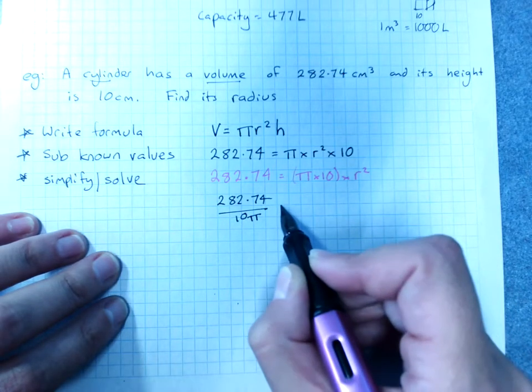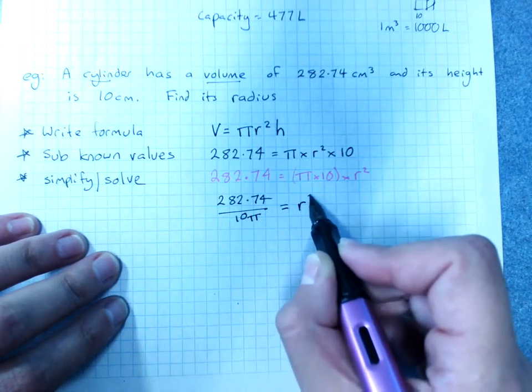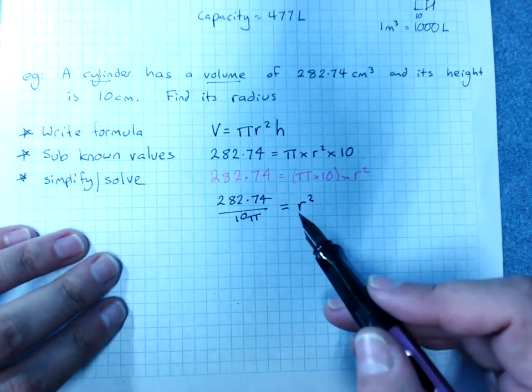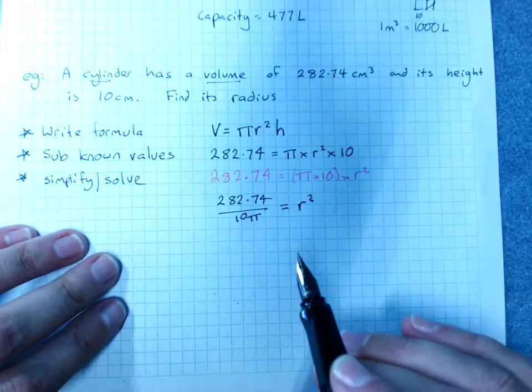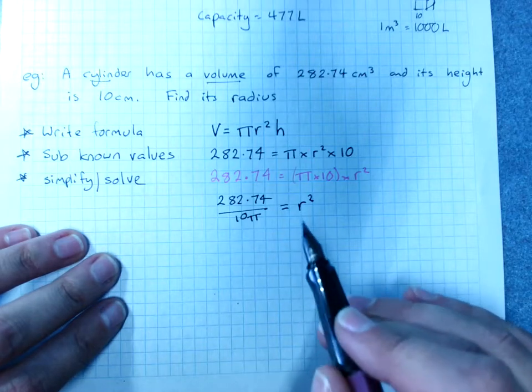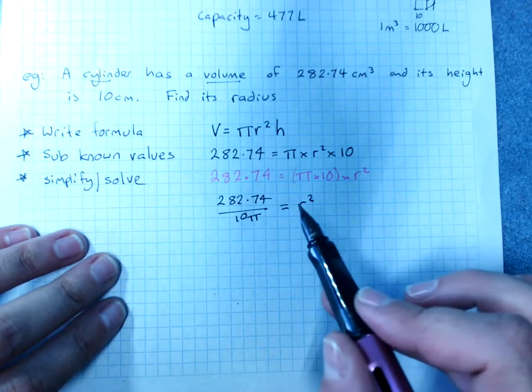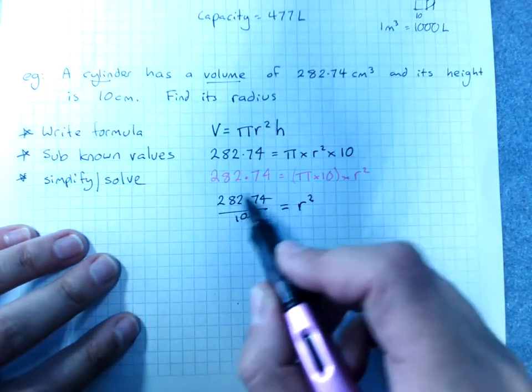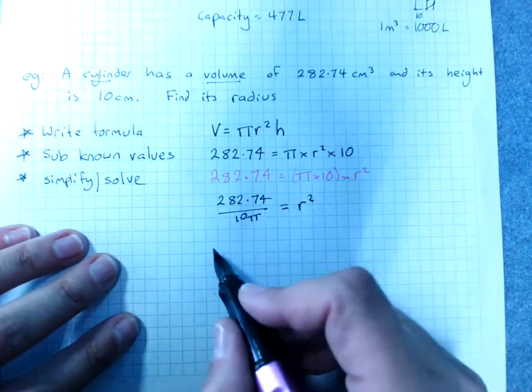So 282.74 over 10 pi equals the radius squared. I don't just want the radius squared though, I want the radius on its own. So I've got to ask, well, how do I get rid of the squared? I square root. You don't have to work all this out. You can just square root each side.